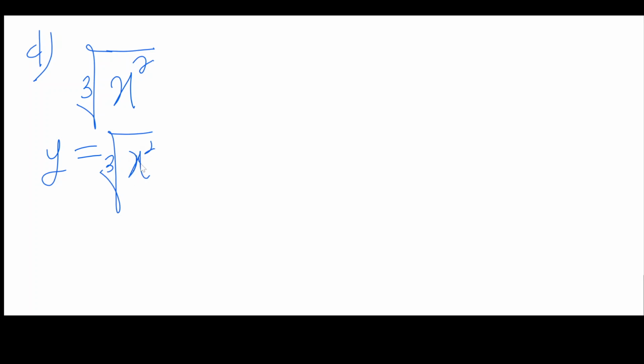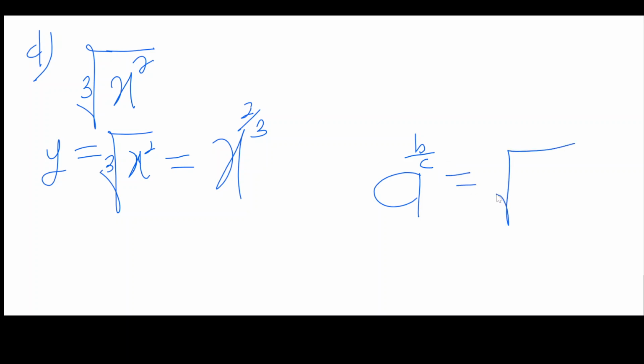So having y equals the cube root of x squared, I need to write this in exponent form, which is the same thing as x to the power of 2 over 3. The laws of indices say that when we have a to the power of b divided by c, a fractional index, it means the c-th root of a to the power of b.